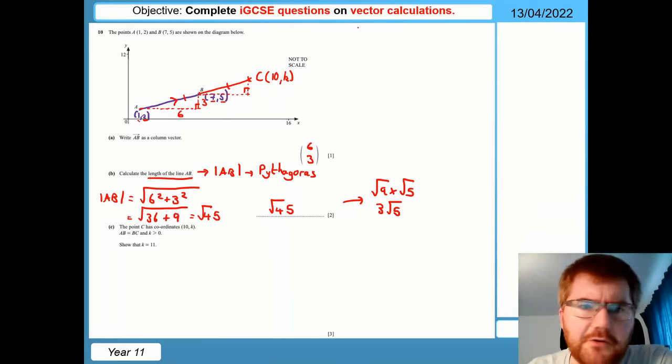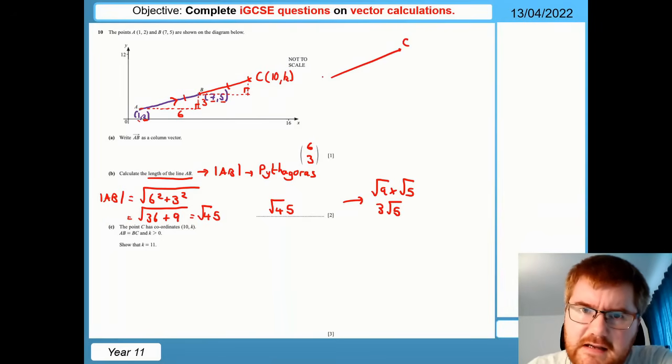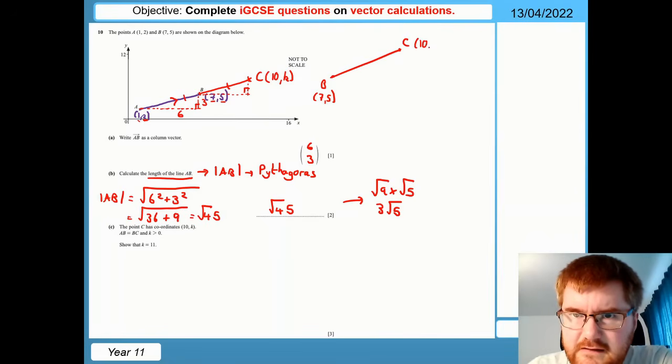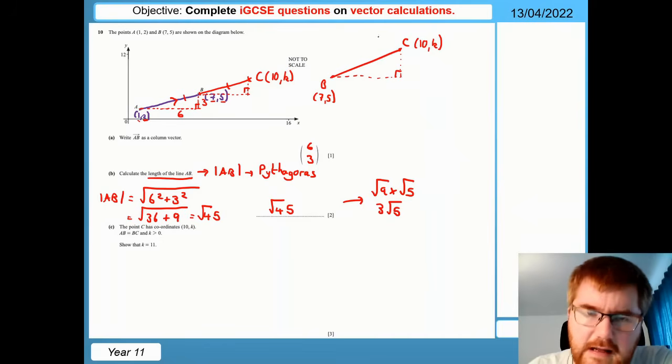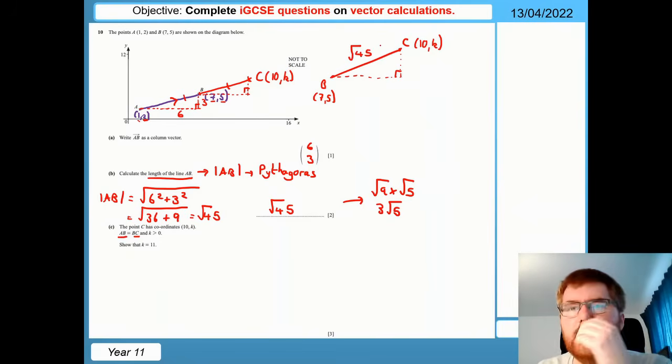So I think I'll zoom in on this, so this specific section. So we've got C here, B here, where this is 7, 5. This is 10, k. And we know this is equal to the square root of 45 because we're told it's the same length here.